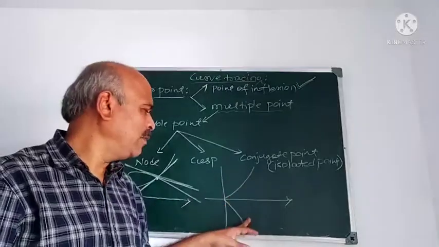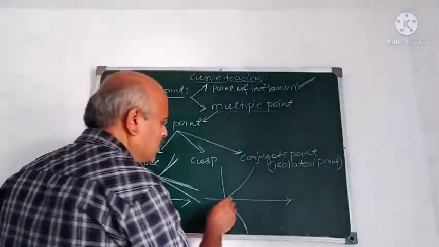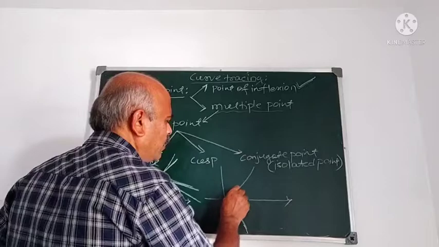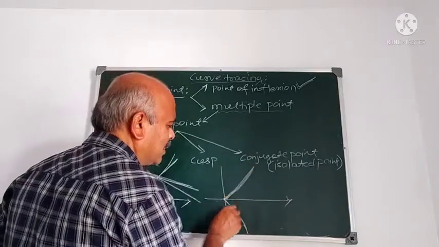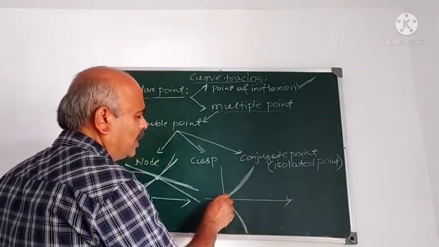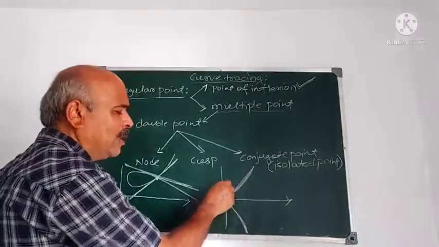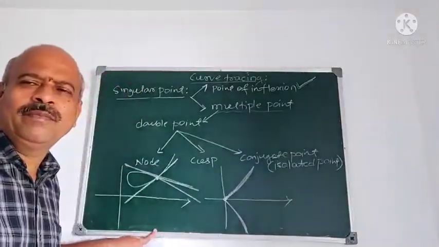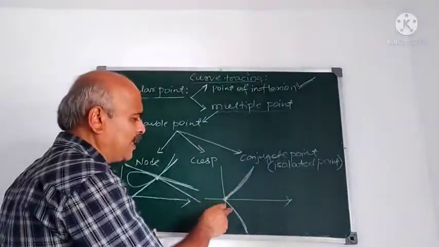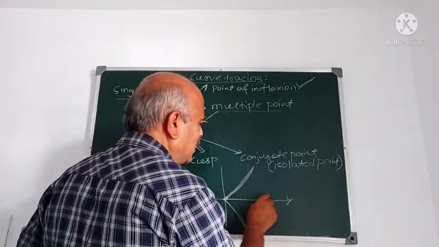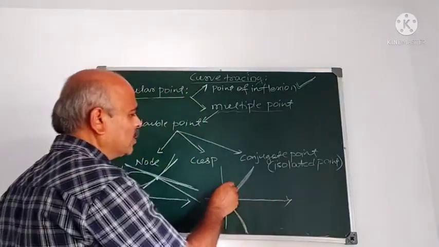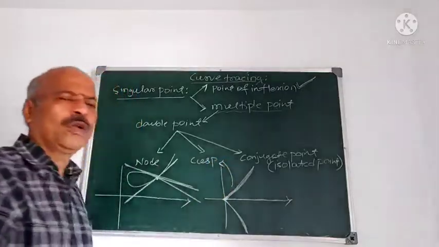Here, two branches of the curve pass through this point. What is this? Origin. But what is this point? A double point. Why is it a double point? Because two branches of the curve pass through this point, and the origin is a double point here, and it is called a cusp.